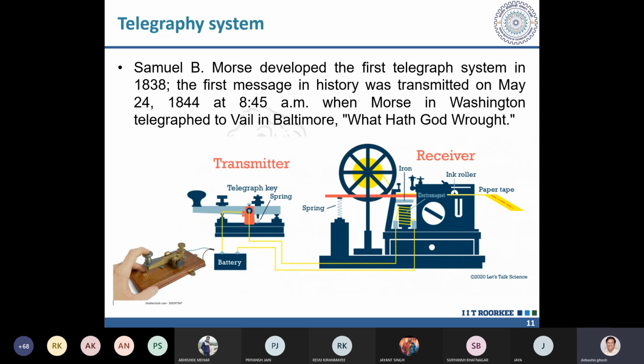Okay, and in this telegraphy system, at the transmitting end, you have something like a switch like this. You keep on pressing this switch. When you press this switch for a small duration, you make one pulse which corresponds to a dot. When you hold it for a longer duration, which is basically 3 times the dot duration, it gives you a dash.